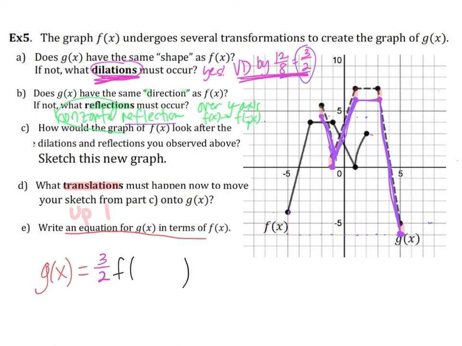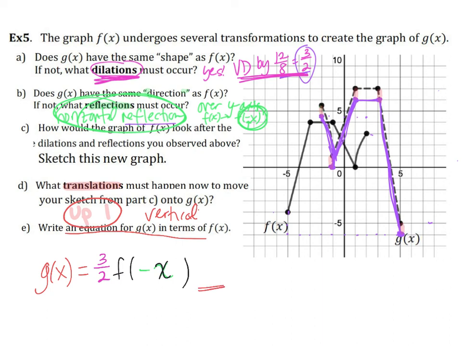Then we have a horizontal reflection. Remember your horizontal reflection impacts the x values. All of your x values become negative. So we make the x values become negative. So I have my negative sign with the x inside the parentheses because it was a horizontal reflection. The last thing we did was we went up 1 unit. Up 1 unit is a vertical relationship, and so that has to go on the outside of the parentheses.